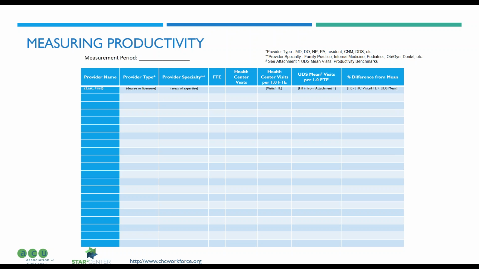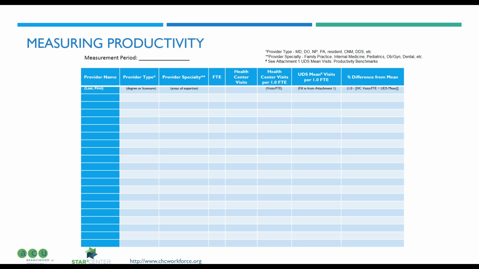If you have many specialties within a site, you may want to do a table for each specialty. This has specialty listed as the third column in. But if you have a very large health center with large numbers of providers, and I'm not saying specialty as in a surgical specialty, I mean pediatrics, internal medicine, family practice, if you work in that way.